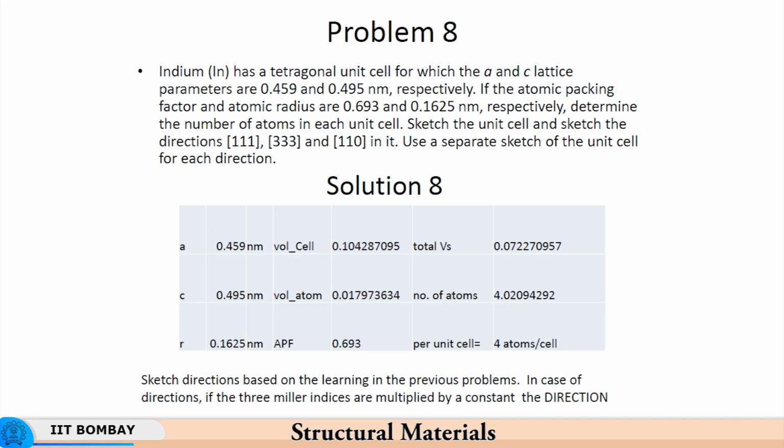Okay. Sketch the unit cell and sketch the directions 111, 333 and 110 in it. Use a separate sketch of the unit cell for each direction. So, that is what we are supposed to do.